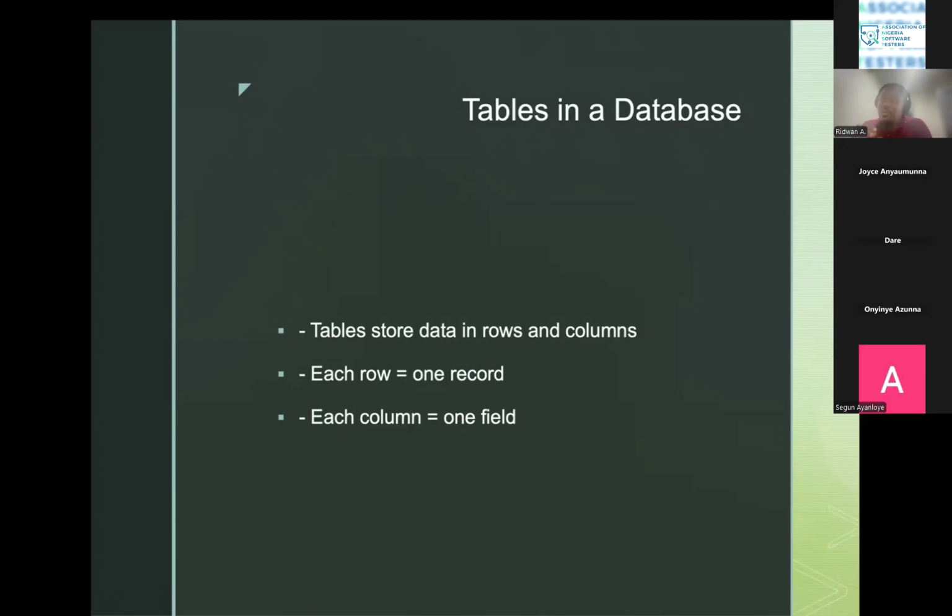Take that one record as your file. Now take each paper, your O-level results, your BSc results, let's relate to them as a column. They are now stored into a file, kept in a cubicle within the file cabinet.